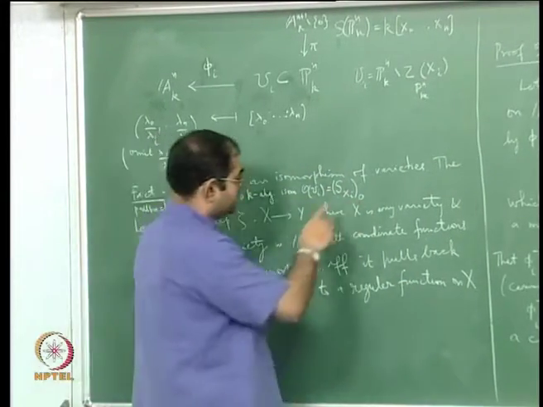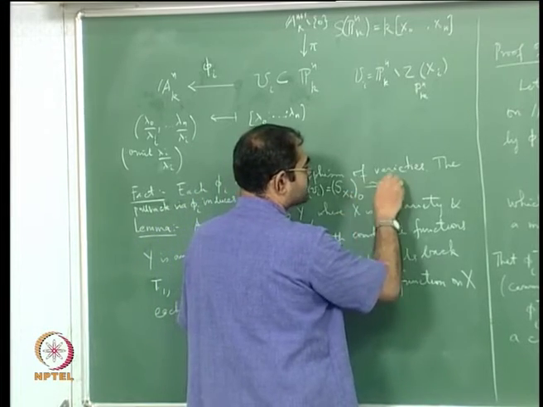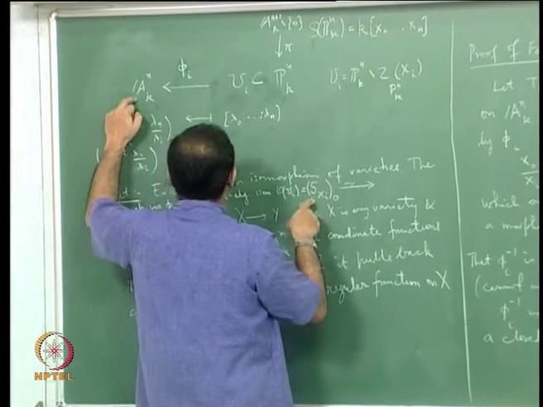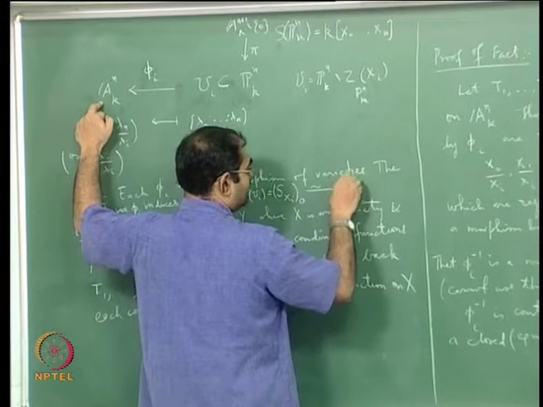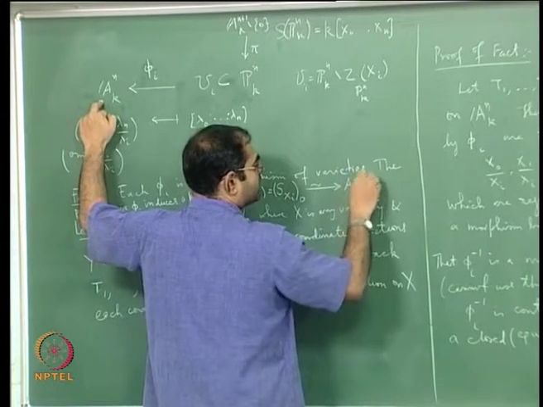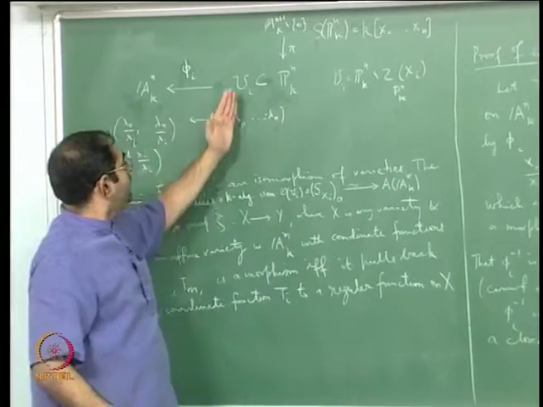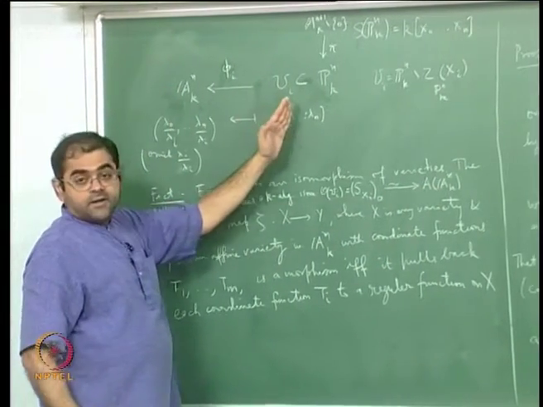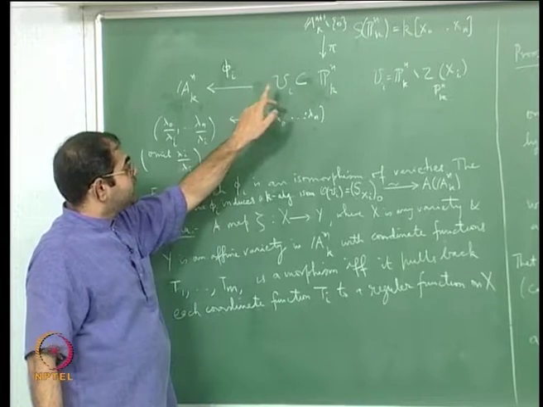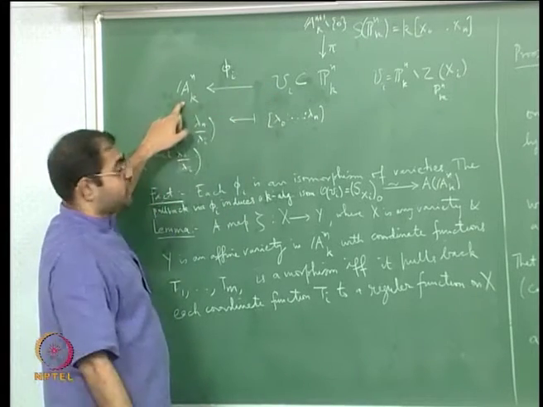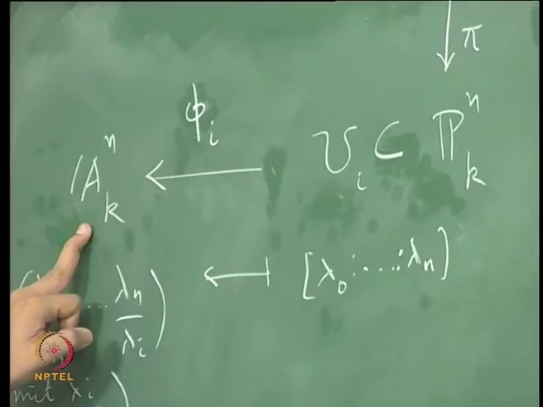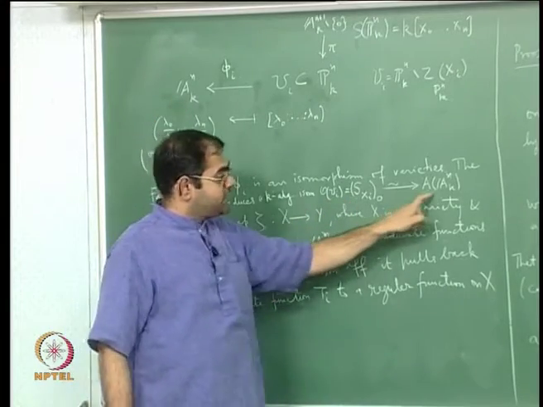And you will get an isomorphism of this K algebra with the affine coordinate ring of affine space. This is what pullback of regular functions will induce, an isomorphism from the ring of regular functions here to the ring of regular functions here. And that is described like this.